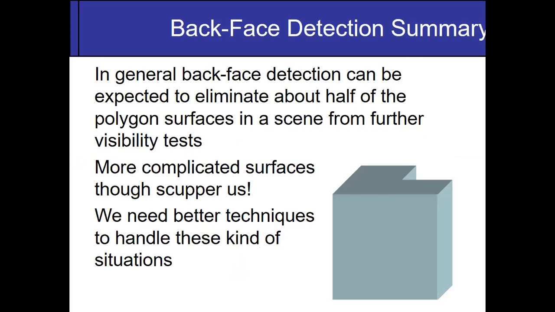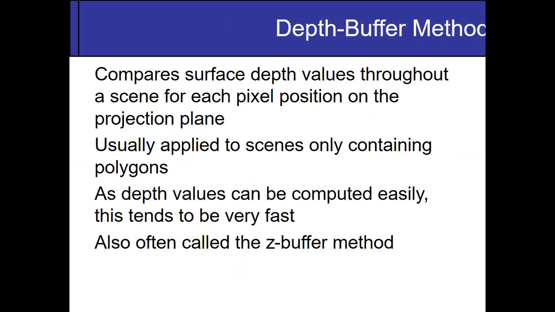But as I already told you, backface detection, that is backface culling, falls into the object space category, which is having less accuracy. That is why industry doesn't use this. So industry prefers the depth buffer method, or I can say the Z buffer method, which falls into the image space category.